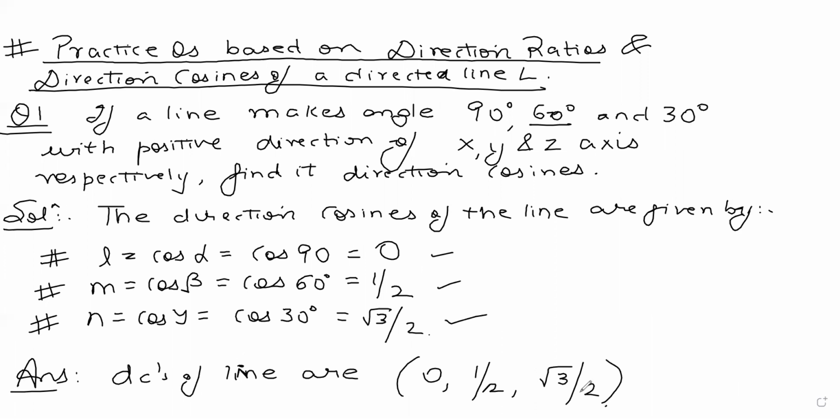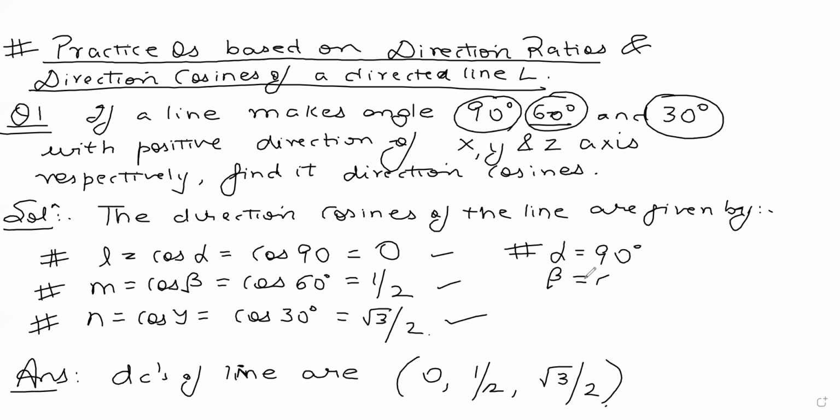Very simple. Directly apply the formula. What are direction cosines? If a line is making angles alpha, beta and gamma, so alpha here is 90, beta is 60 and gamma is 30, because these are the angles made by the line with the x, y and the z axis respectively.